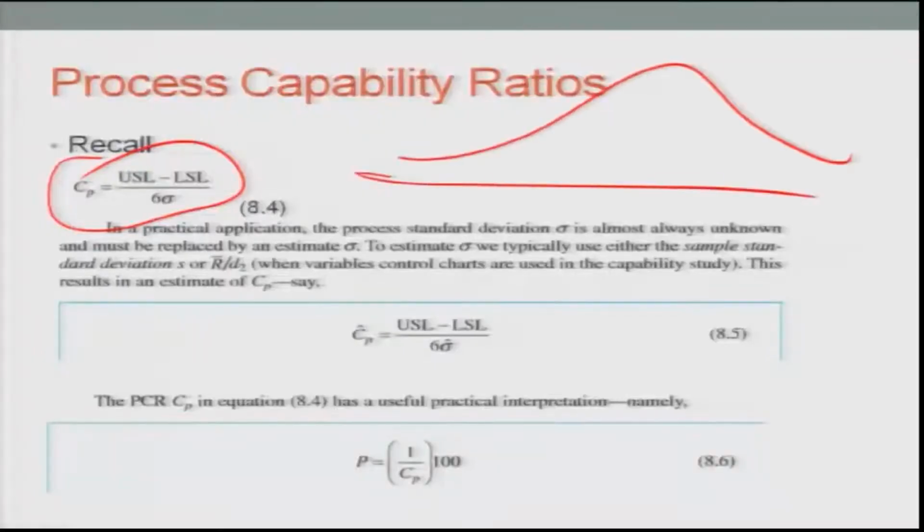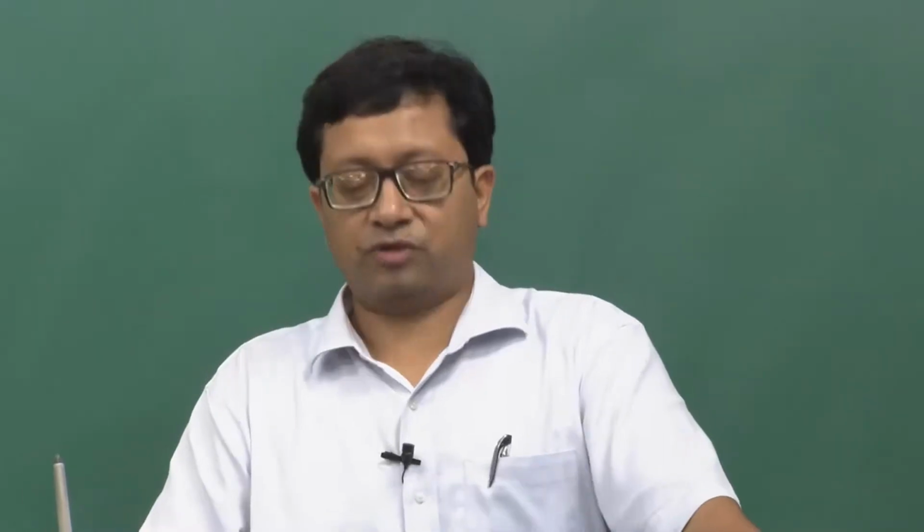So, if I have the upper control limit and lower control limit, the difference between them divided by 6 sigma would give me the ratio. In practical application, the process standard deviation sigma is almost always unknown. It is difficult to know and must be replaced by an estimator of sigma. In the earlier case, we found the best way of finding the dispersion was over the range.